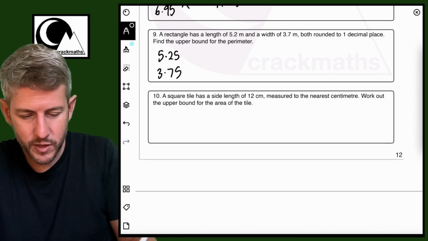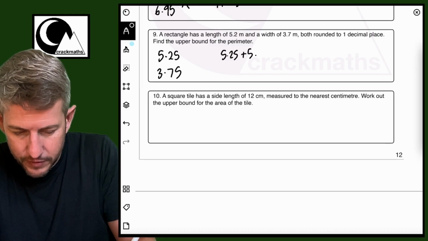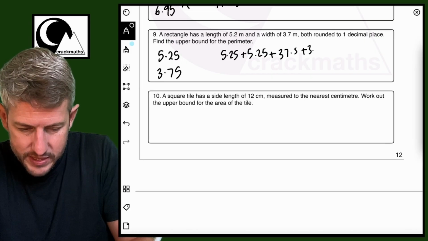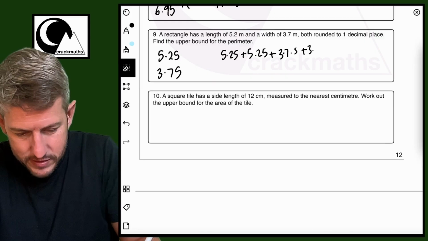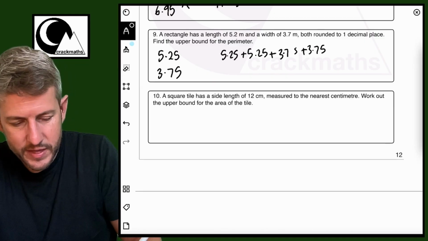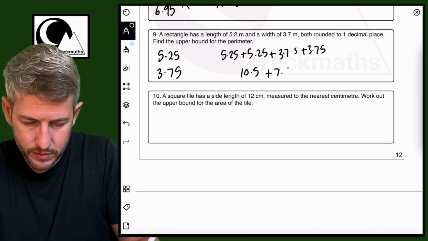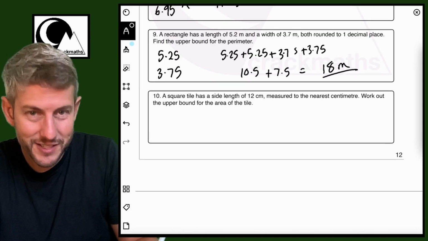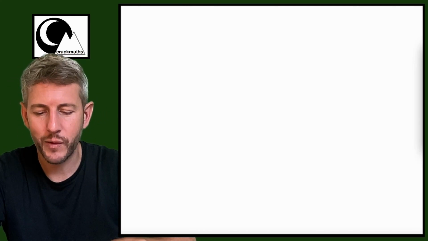So what we've got to do is 5.25, add 5.25, add 3.75, add 3.75. So this is 10.5, add 7.5. And that equals 18. There you go. That's a nice answer for a change. 18 meters.